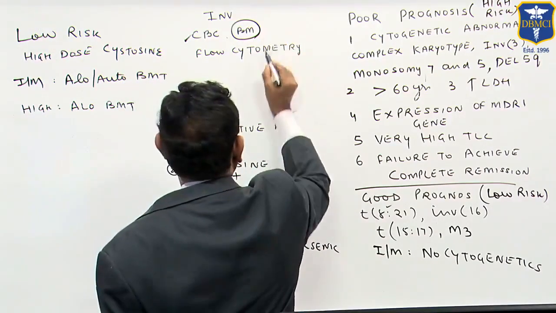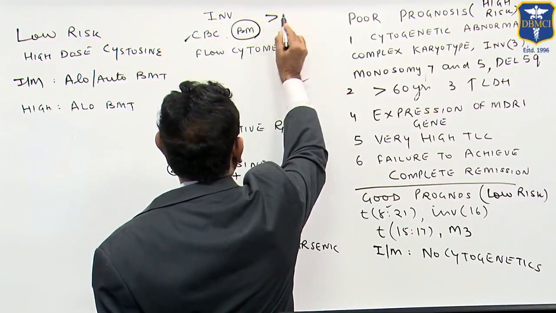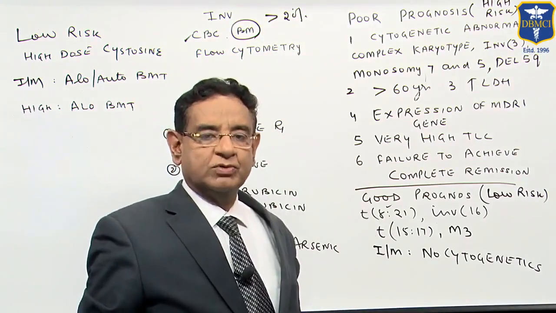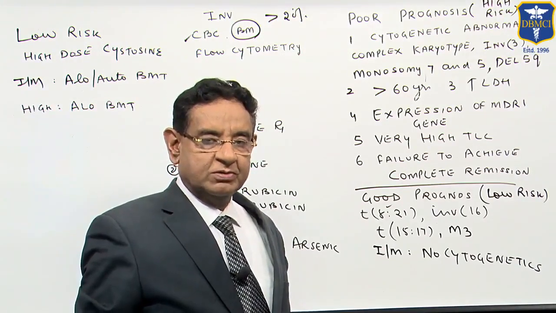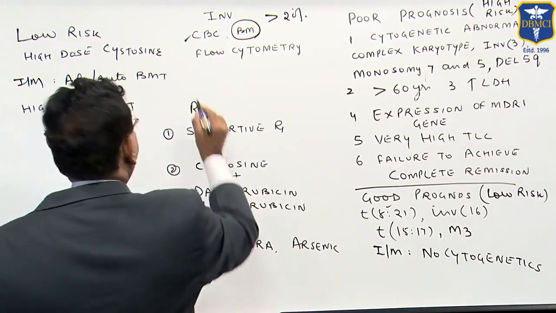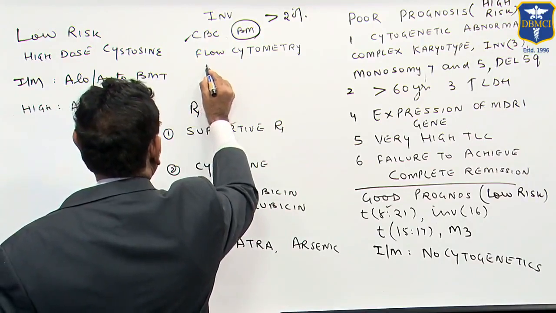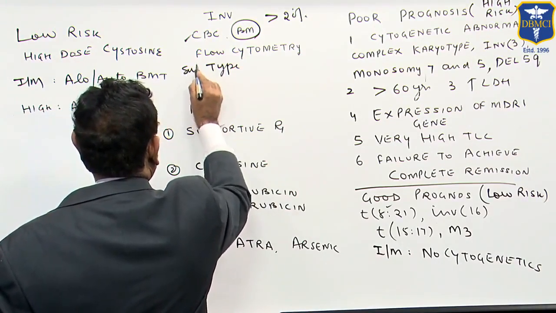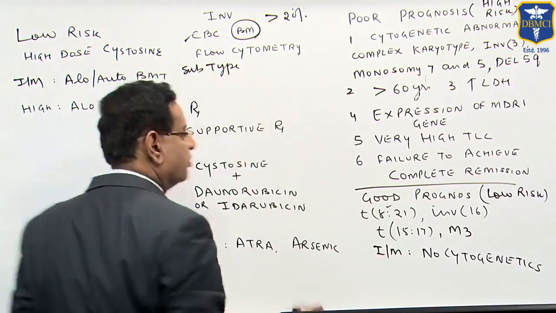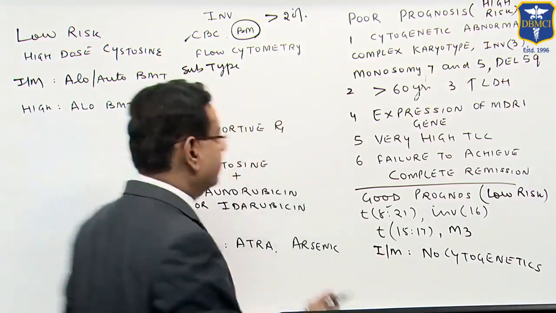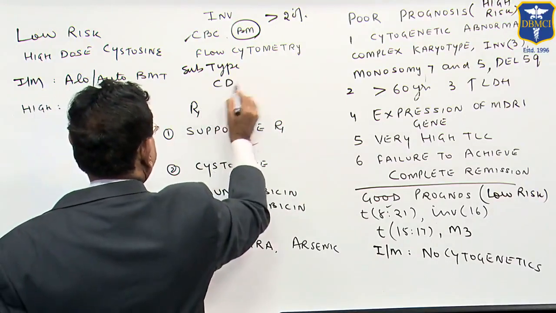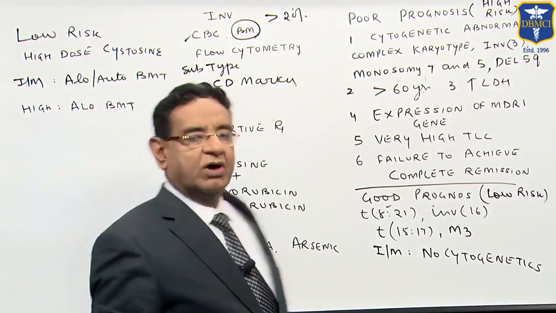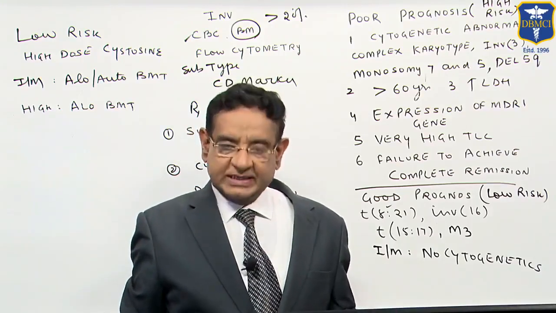Blast cells are more than 20% in the bone marrow, and of course in the peripheral smear also. And we do flow cytometry to know the subtype of leukemias, and it also tells you the various CD markers present on the surface of the cells.